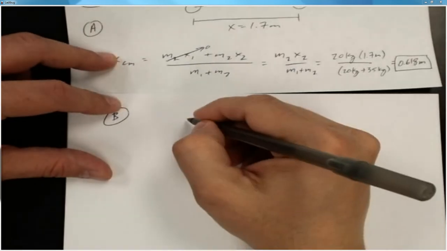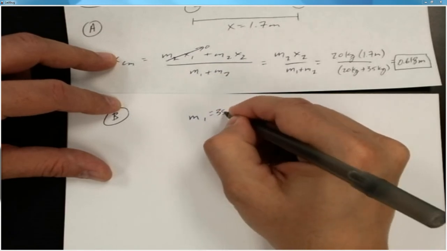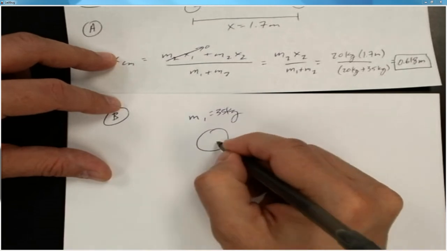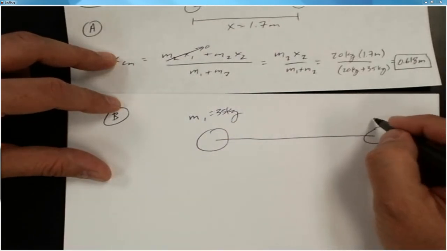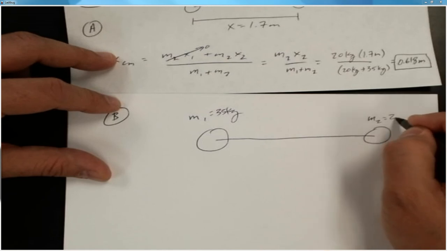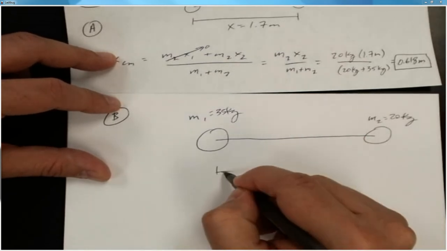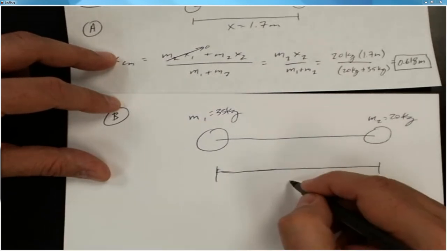It's the same kind of deal as before. So we have a barbell on this end and another barbell on this end, and the distance is still going to be the same. It's kind of off kilter, but whatever.